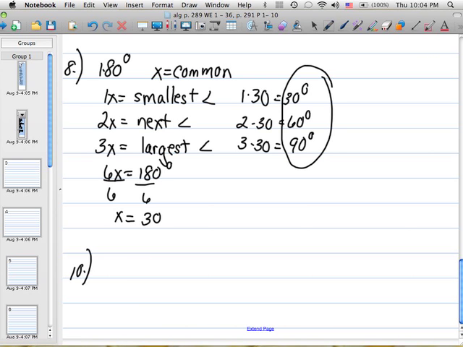So x is the common factor. 8x equals the amount of iron. 3x equals zinc, and x equals tungsten.